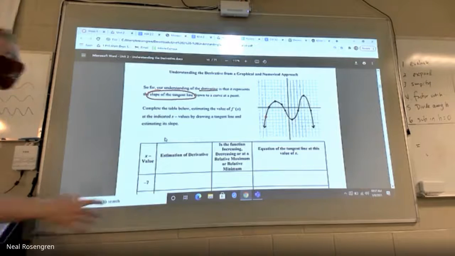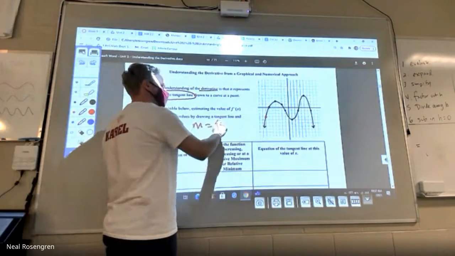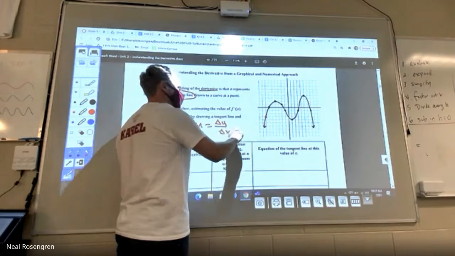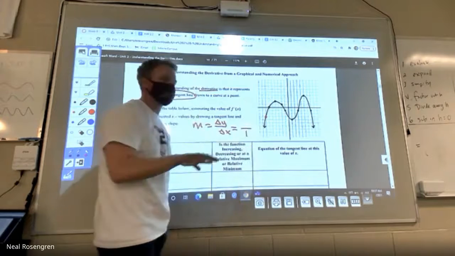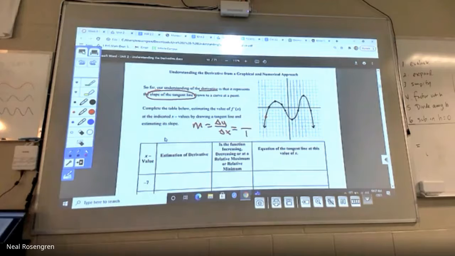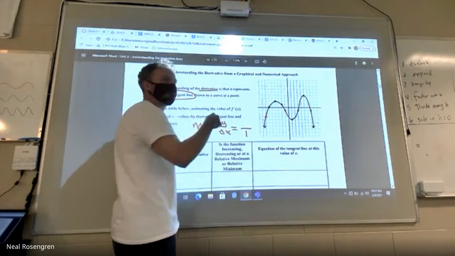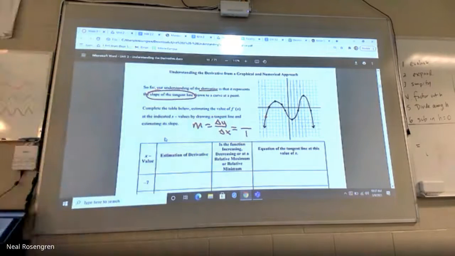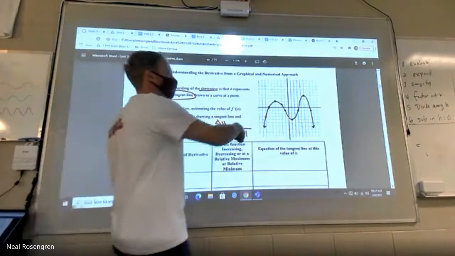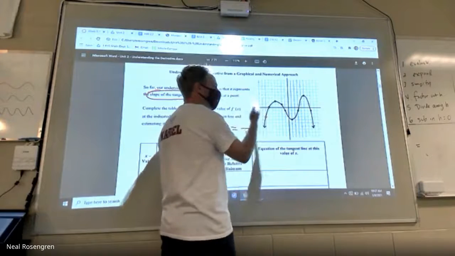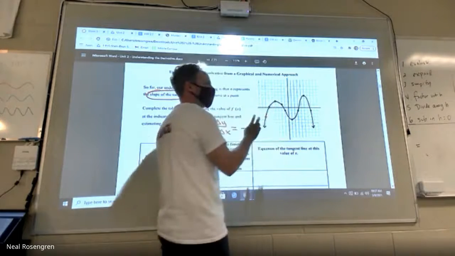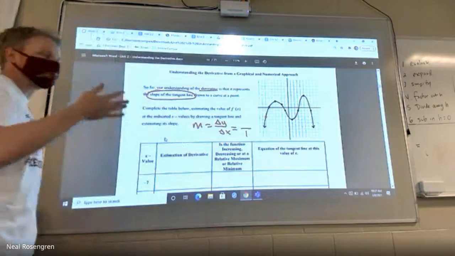The easiest way for me to deal with slope, which is the change in y over the change in x, is to make that distance just 1. I'm going to try to go just 1 box to the left or to the right, or both. And I would love to make this an integer. I want to just go up and down a few boxes, however many boxes I'm supposed to do. And so when I graph this, I look for where my next point might be on this tangent line.